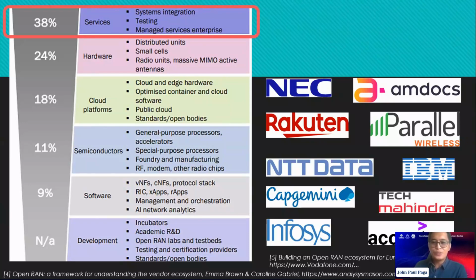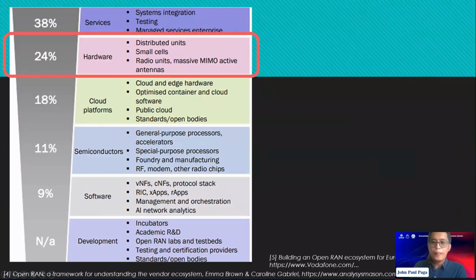So if you want to grow your career in terms of systems integration, you can look into these companies. And let's go to the hardware part, which is 24% of the revenue share.